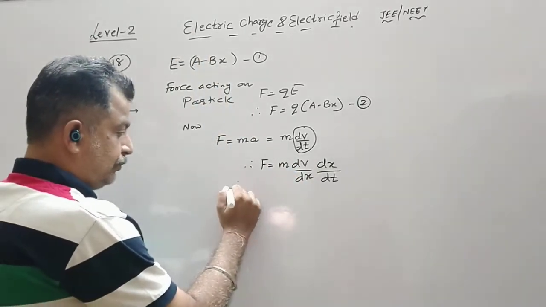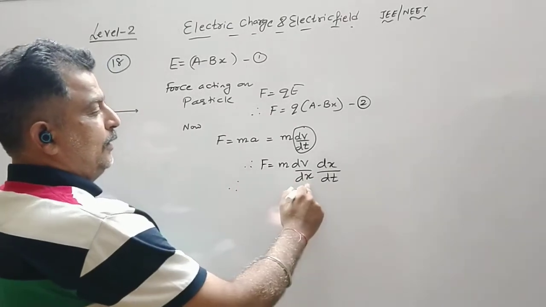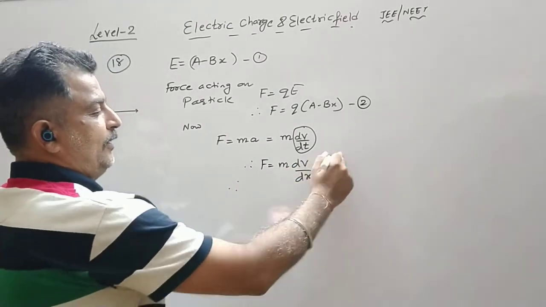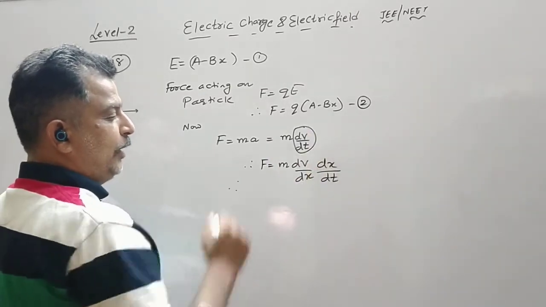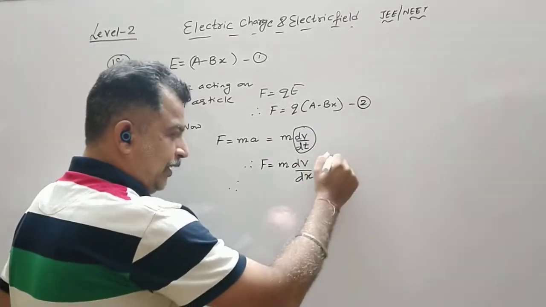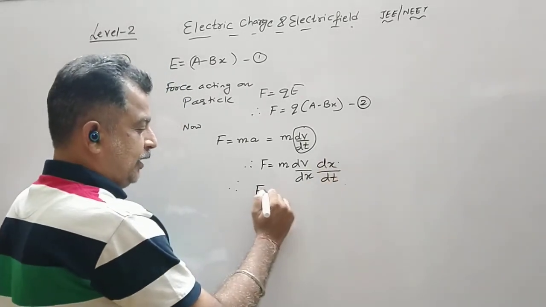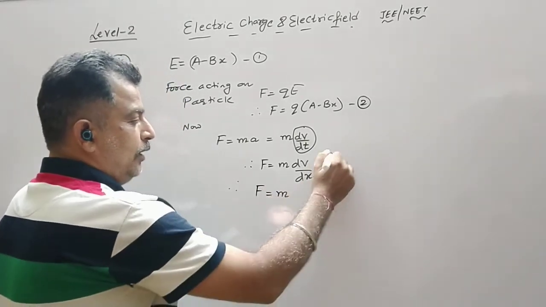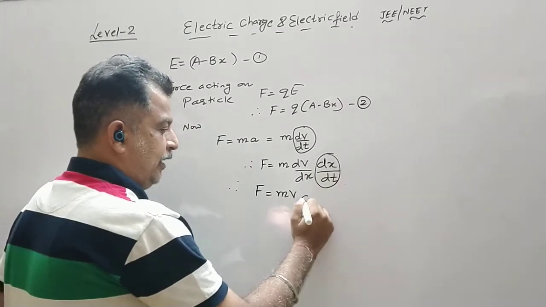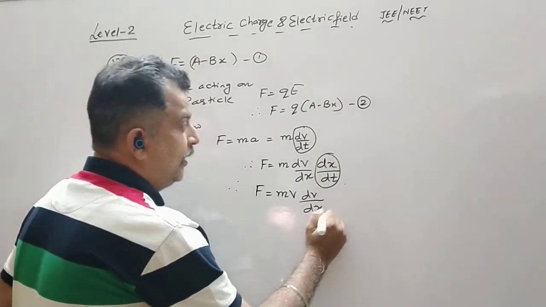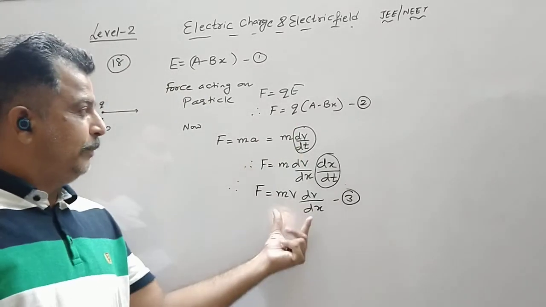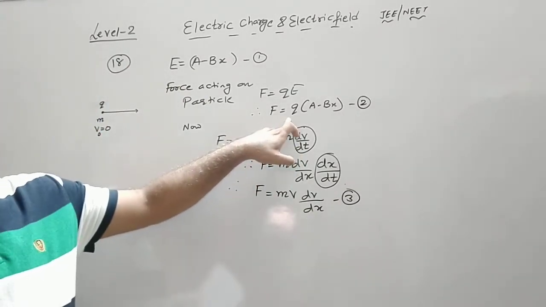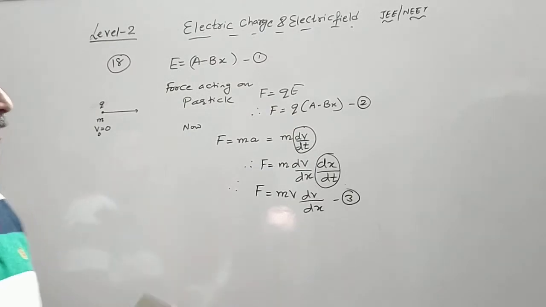Therefore, now this is m dv by dx, dx by dt. Now these two equations can be equated, and dx by dt can be written as velocity. Therefore m v dv by dx, equation number 3. This is according to mechanics, and the earlier one is from our branch, electricity.